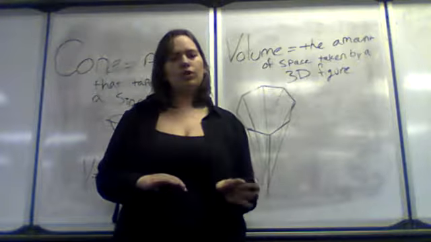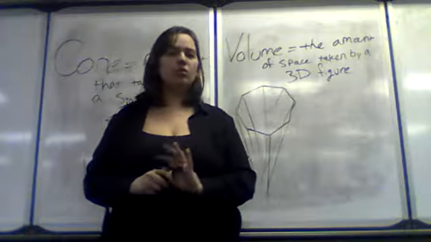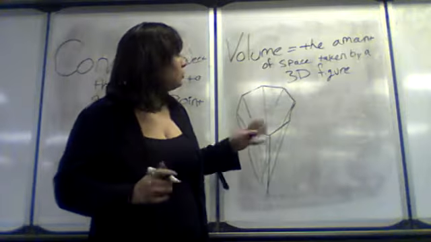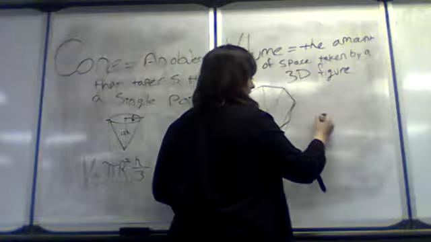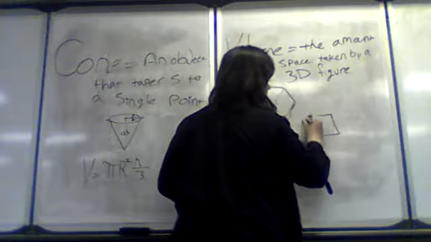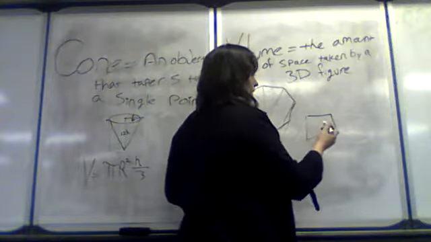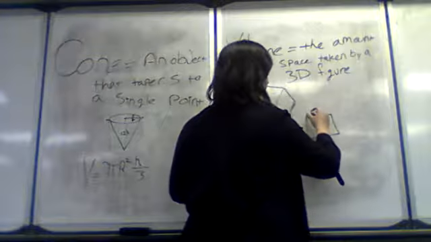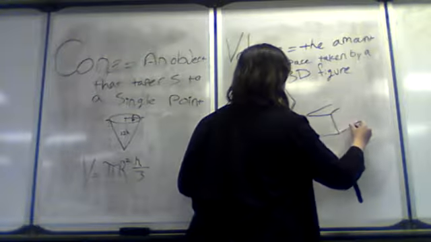For those of you who don't know the difference between 3D and 2D, 2D is simply a flat object like a square, whereas 3D is going to be a cube, so it's going to have 3 dimensions.